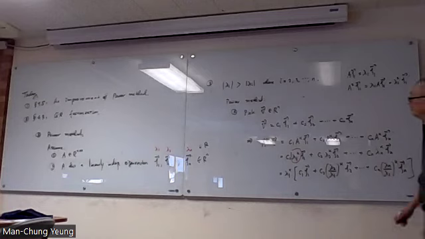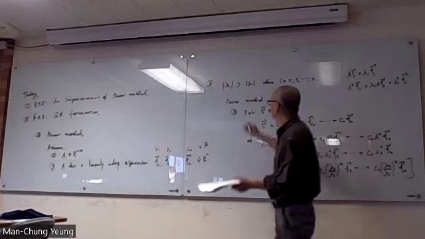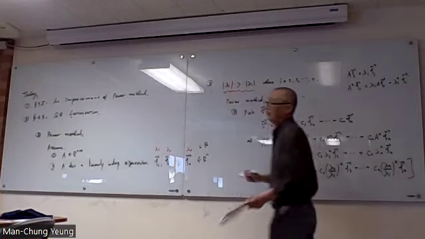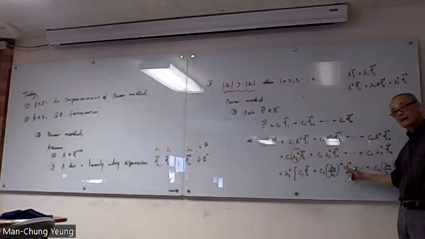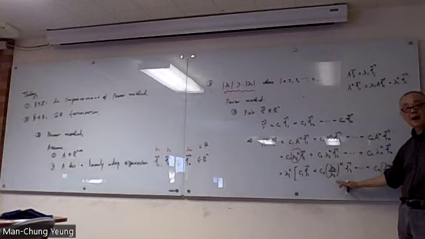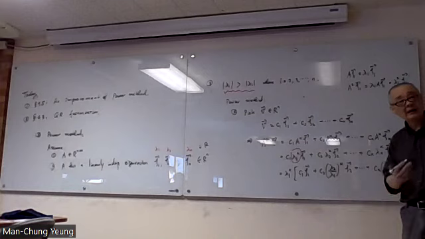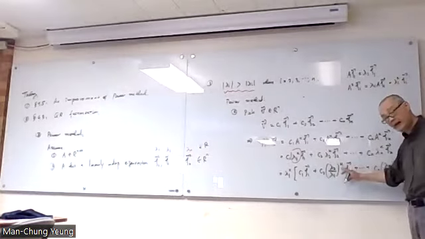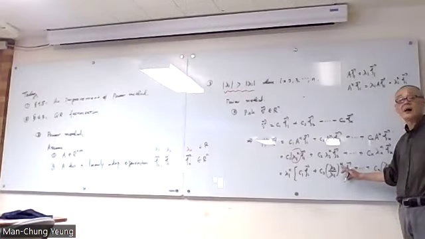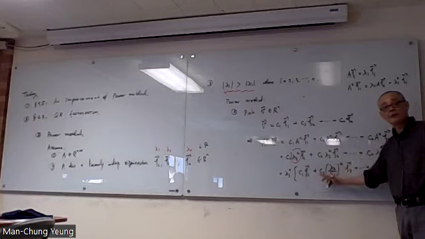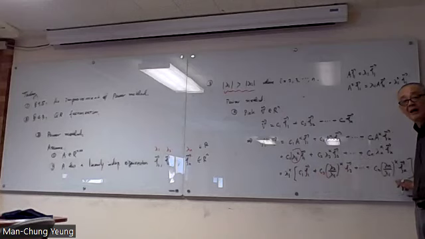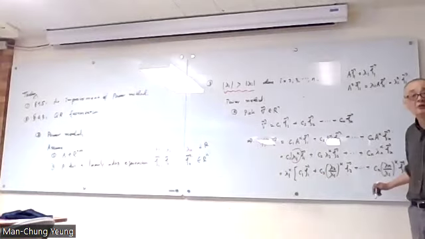Don't forget this assumption: lambda 2 over lambda 1 is a number less than 1. So when k is large, except the first term, all other terms are very close to 0.